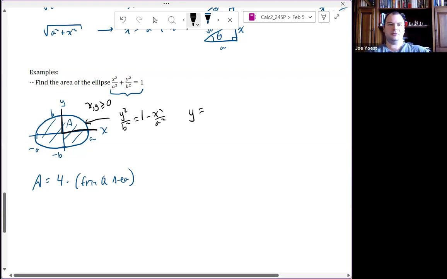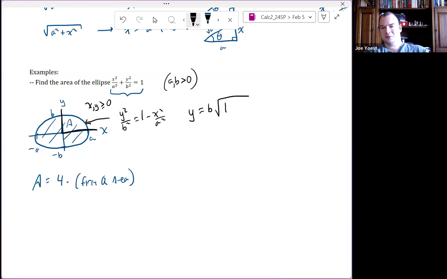So I'm on the positive y side, so I take the positive square root. So I have what? b times the square root. We'll take a and b to be positive. So y is going to be b times the square root of 1 minus x squared over a squared. Let me factor a 1 over a squared out of the radical. That gives me b over a times the square root of a squared minus x squared.